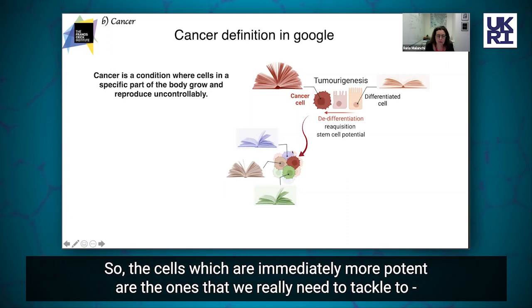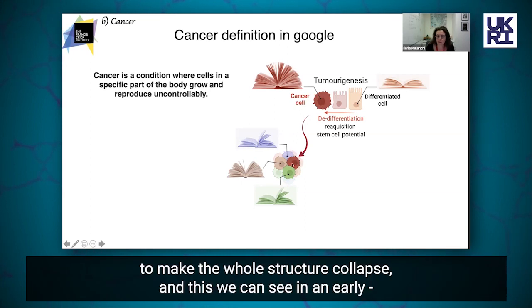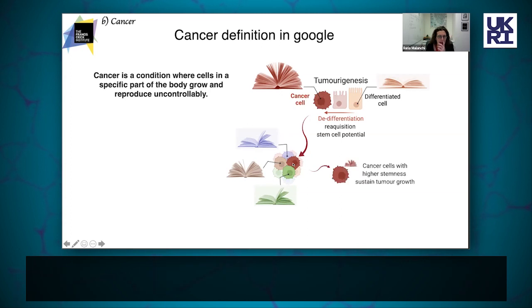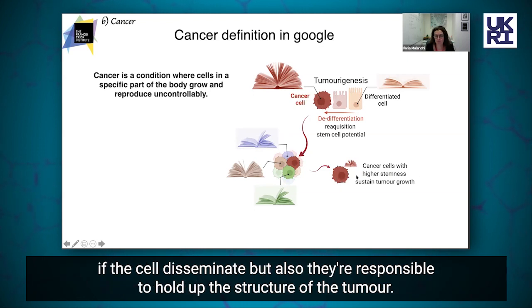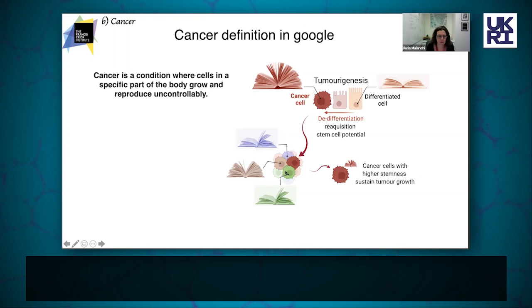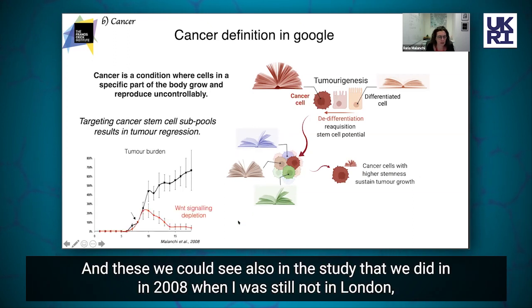So the cells which are really more potent are the ones that we really need to tackle to make the whole structure collapse. These are the cells which are driving not only a new tumor growth if the cell disseminates, but also they're responsible to hold up the structure of the tumor. And we could see this also in a study that we did in 2008, when I was still not in London.